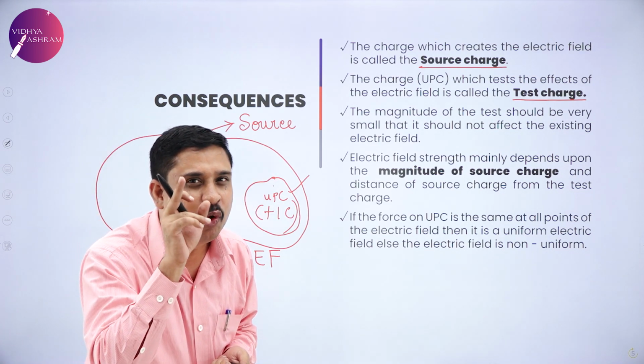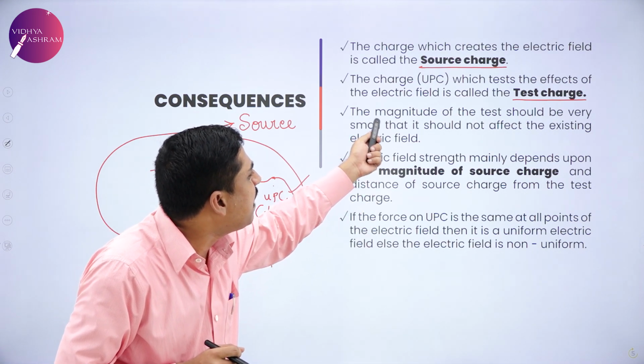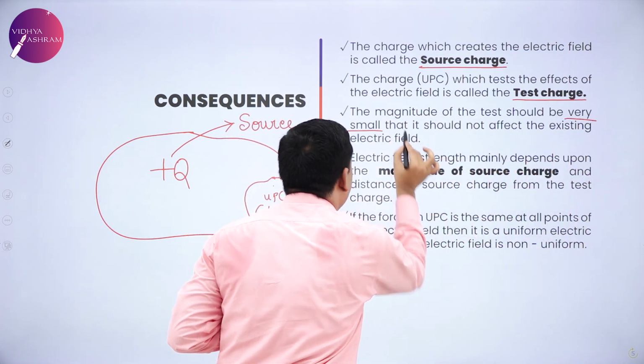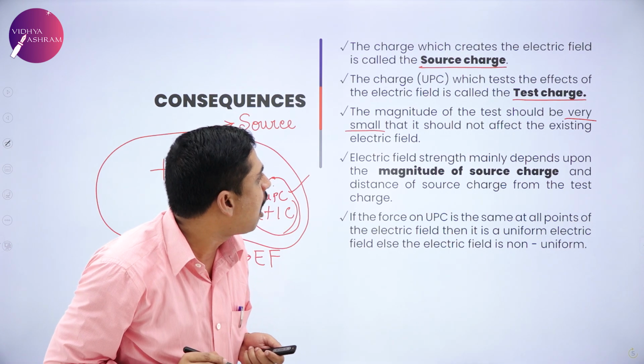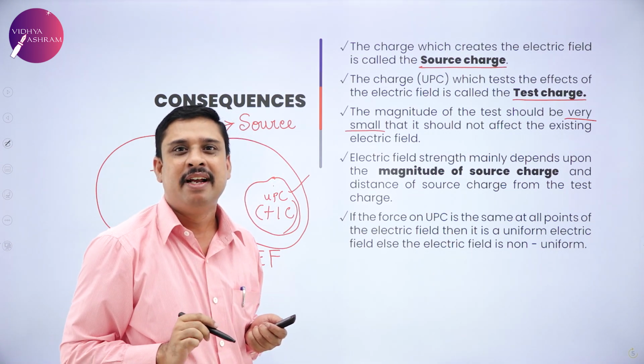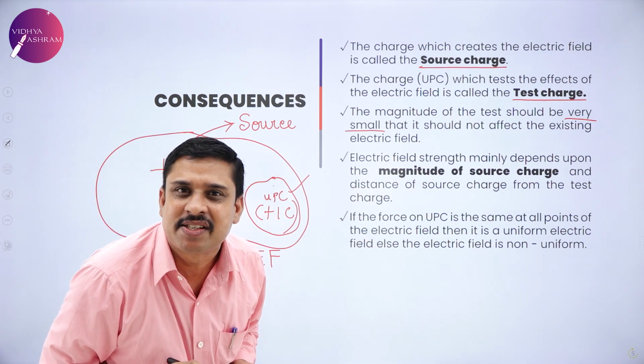The magnitude of my test charge is very, very small. Very clearly, the magnitude of the test charge should be very small so that it will not affect the existing electric field.